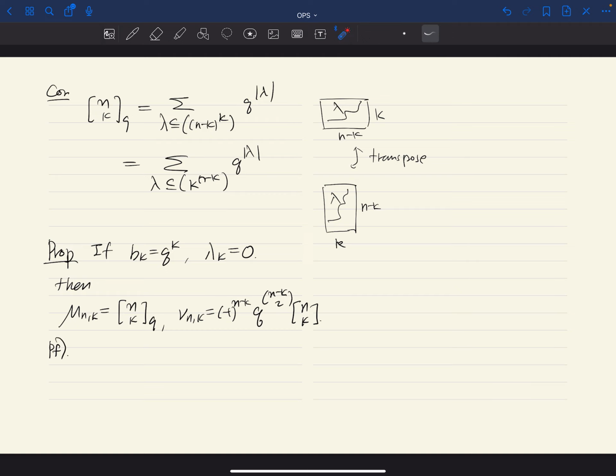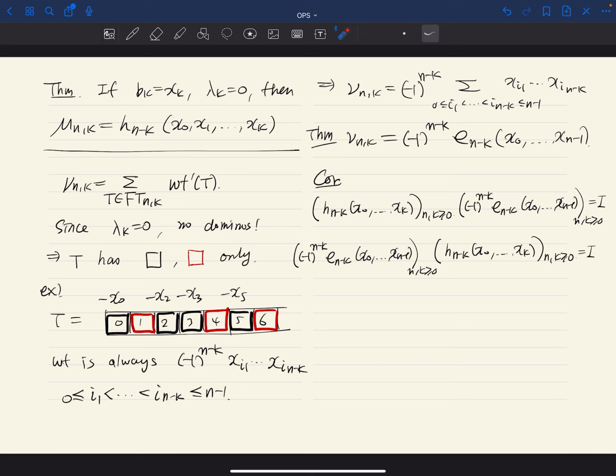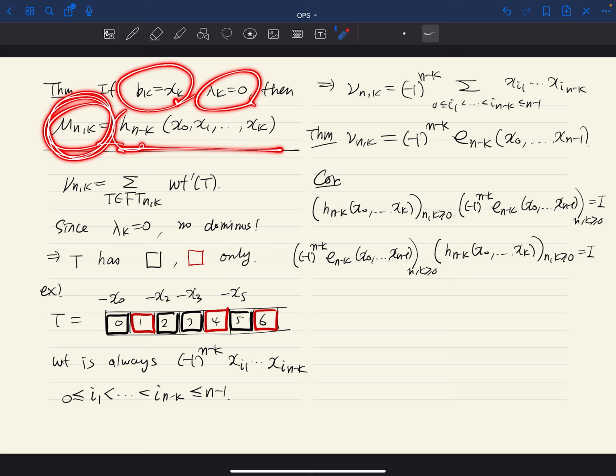But in fact, this can be proved quite easily because let me recall the general special case. Yeah, this one. So if b_k is arbitrary and lambda equals 0, then mu is the homogeneous symmetric function, and nu is, with some minus sign, the elementary symmetric function. We will use this.